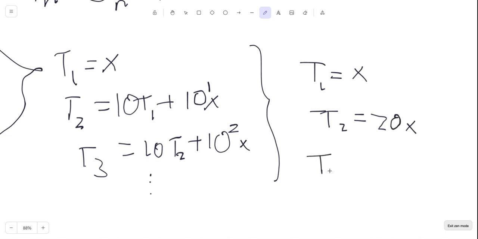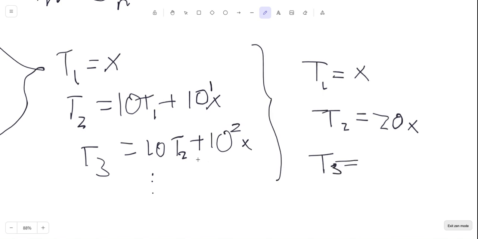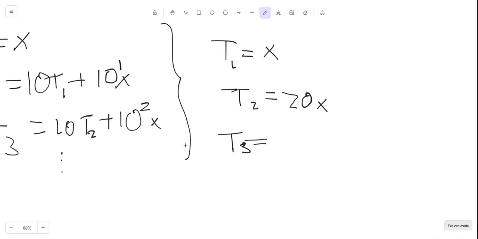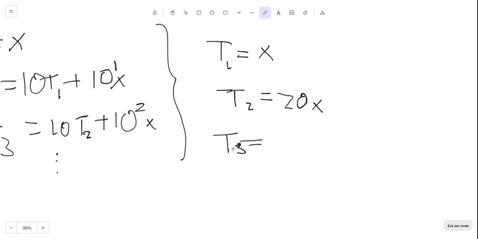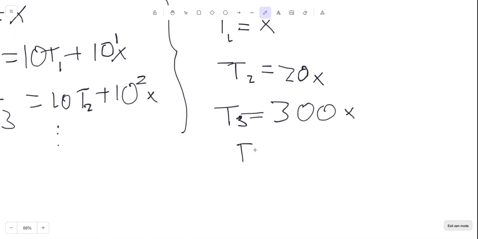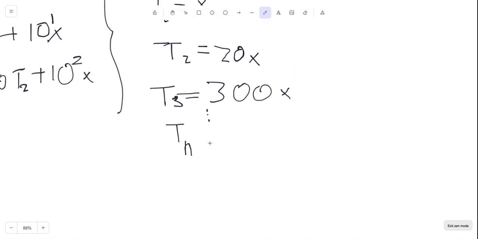T sub 3 equals 10 times 20x plus 100x. So we get 300x. And in fact, if you compute it for different terms, you're always going to find that this is equal to n times 10 to the n minus 1 times x. A really simple formula for it.